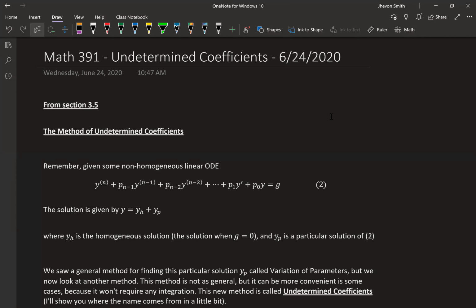It doesn't require any integration formula. What it is going to require is differentiation, and it may require, although very often is the case, setting up a system of linear equations and solving them. But if you prefer that to doing a bunch of integrals, then undetermined coefficients is for you. Ask your doctor if undetermined coefficients is right for you.